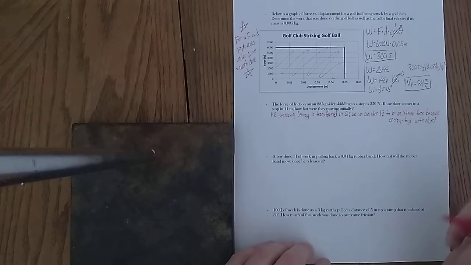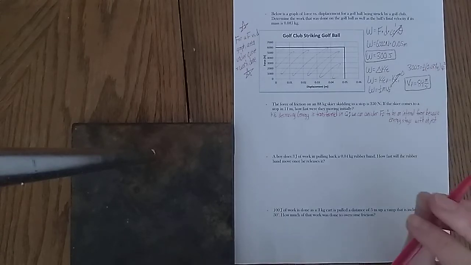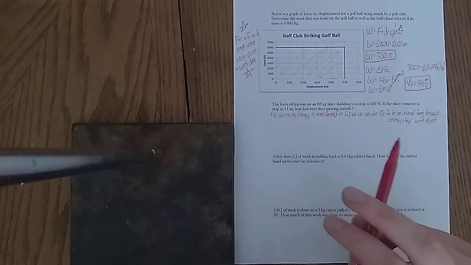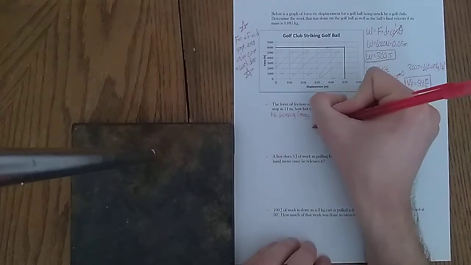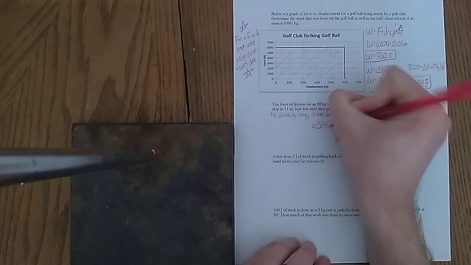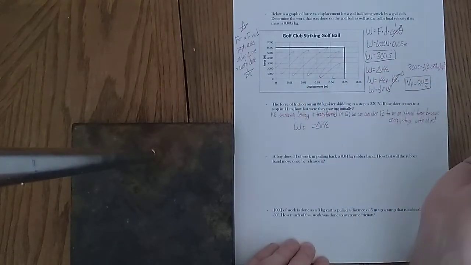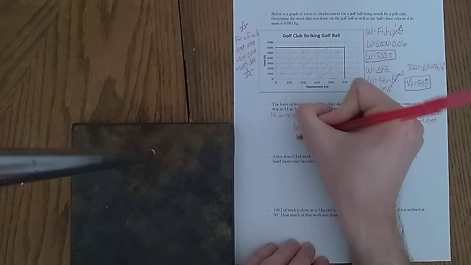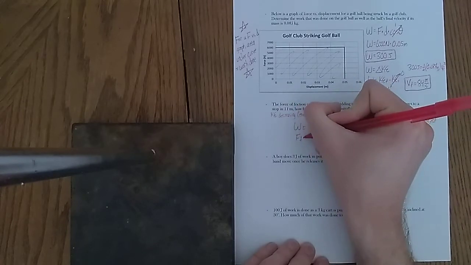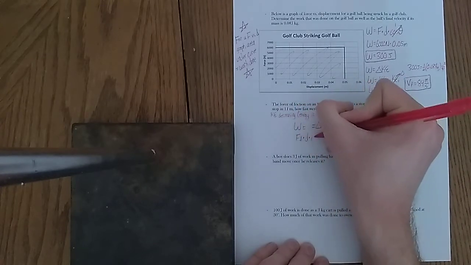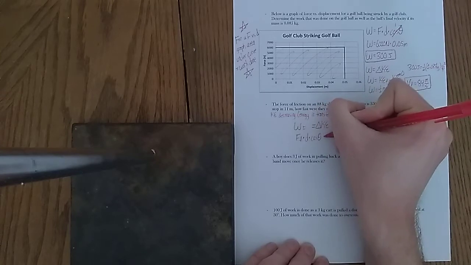Okay, so we're looking for how fast they're moving initially. We do know that we're changing the kinetic energy. And what is doing that? There's some work done by the force of friction. Now, we know that the work done by the force of friction is equal to the force of friction times the displacement times cosine of theta.